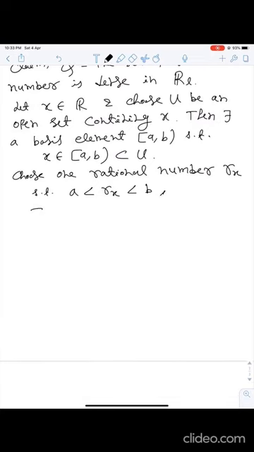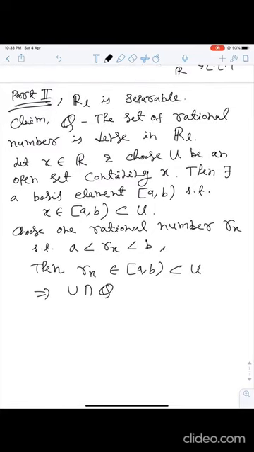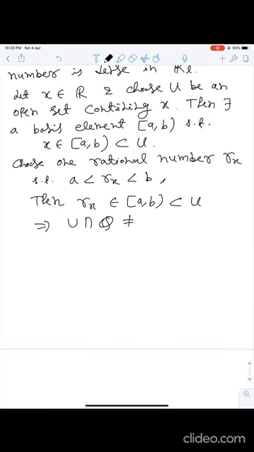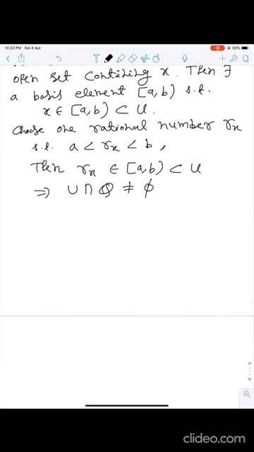Then we can say r_x belongs to [a, b) subset of U. That implies U intersection Q, that is the set of rational numbers, is non-empty, and that will imply Q forms a dense subset of the topological space RL.